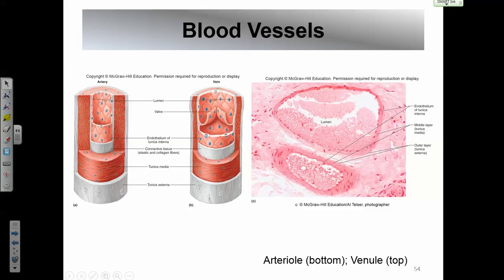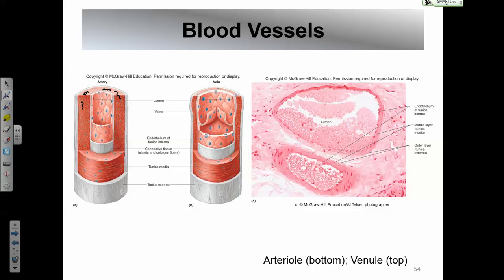All right, arteries also have a lot of elastic tissue, so there would be elastic fibers in here. When you were looking at elastic connective tissue in A&P1, you were looking at a section of an aorta, and so you saw those elastic fibers. The aorta is the thickest walled of all the arteries because that's the one that has the most pressure, isn't it? The one most closely associated with the left ventricle.